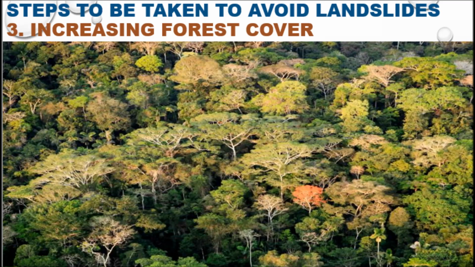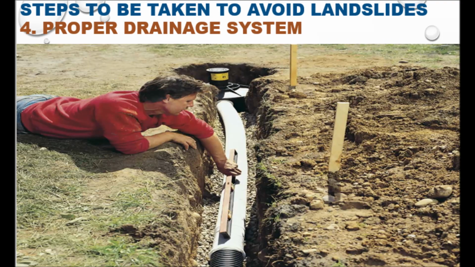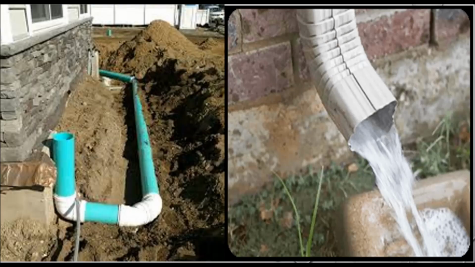Number 3, increase in the vegetation cover is also an effective way to stop or arrest landslides. Proper drainage systems also help to stop the movement of soil or land along with rainwater and spring flows. Hence, if these measures are opted for properly, we can stop landslides.